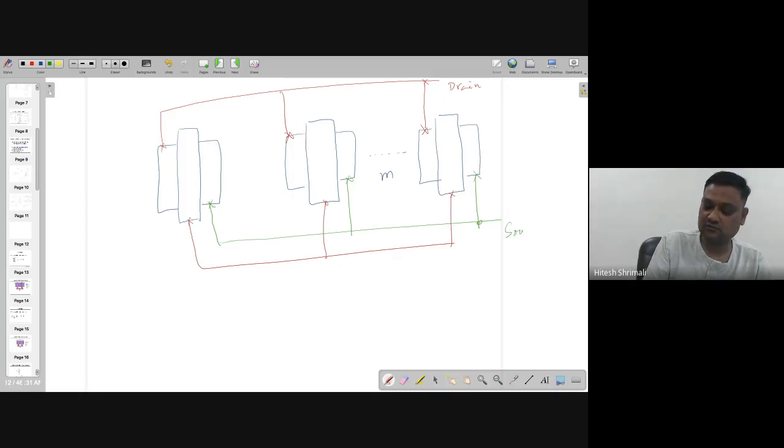So like this. So you have all the transistors in parallel. Look at this. There are M transistors in parallel and the connections are as follows.